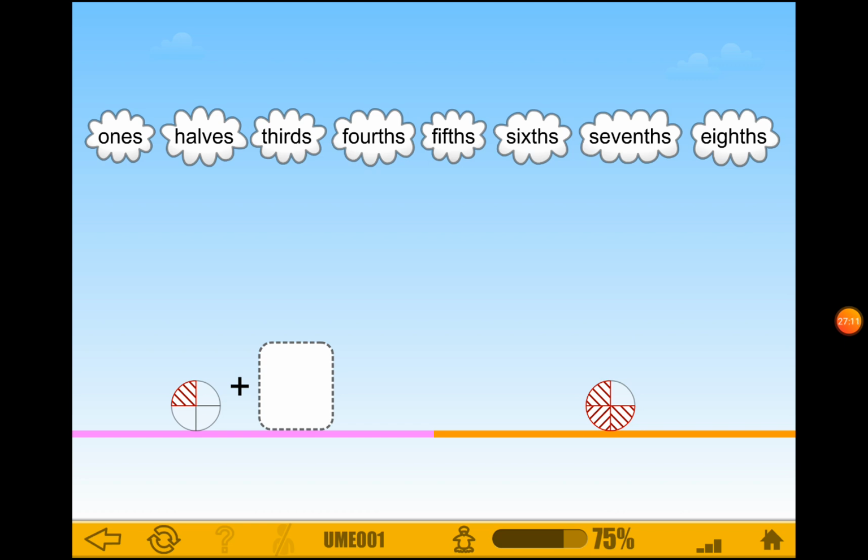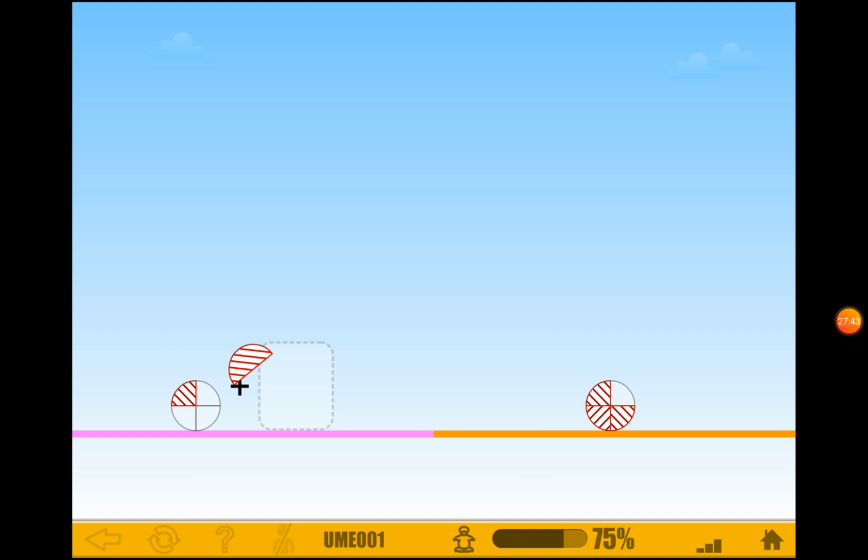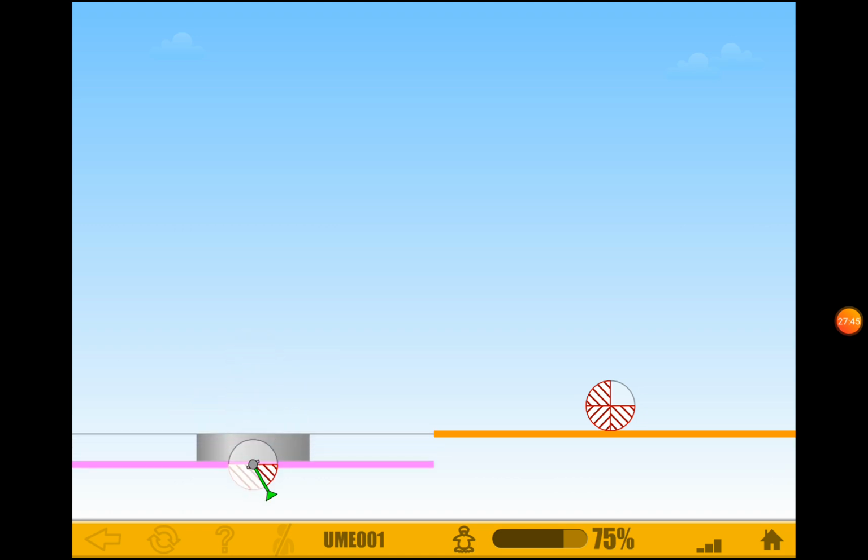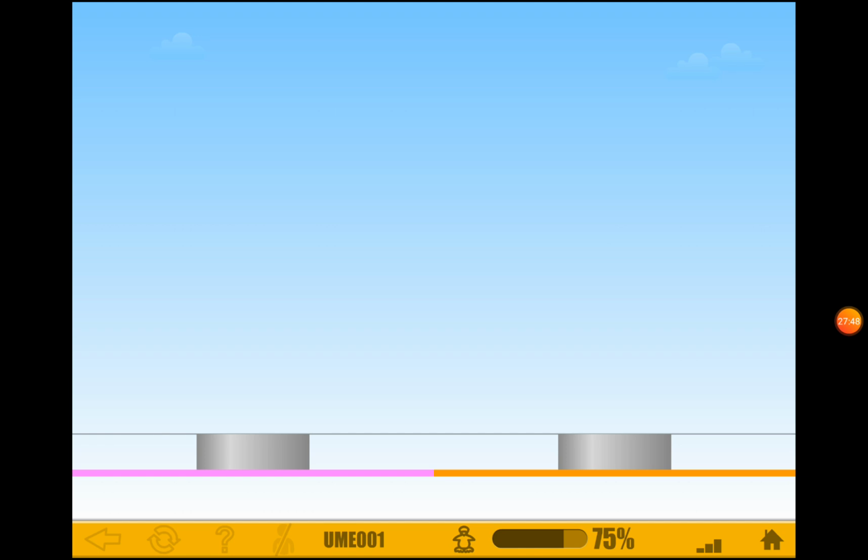Oh, no. This would be negative 1/4. No, this would just be 1/4 minus 3/4. No, wait. No, this would just be 3/4. Negative 3/4 minus 1/4. No, plus 1/4 will be half. Negative half. There you go. That's correct.